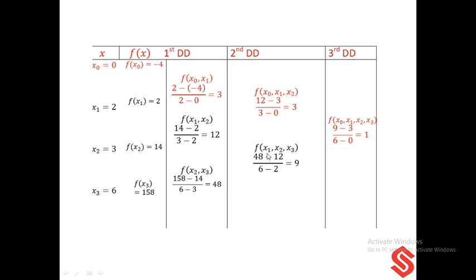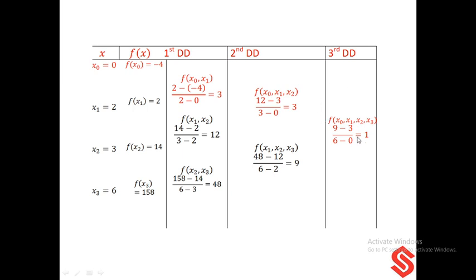Next, f(x1, x2, x3) is equal to (f(x2, x3) - f(x1, x2)) / (x3 - x1). So that is (48 - 12) / (6 - 2), which is equal to 9.